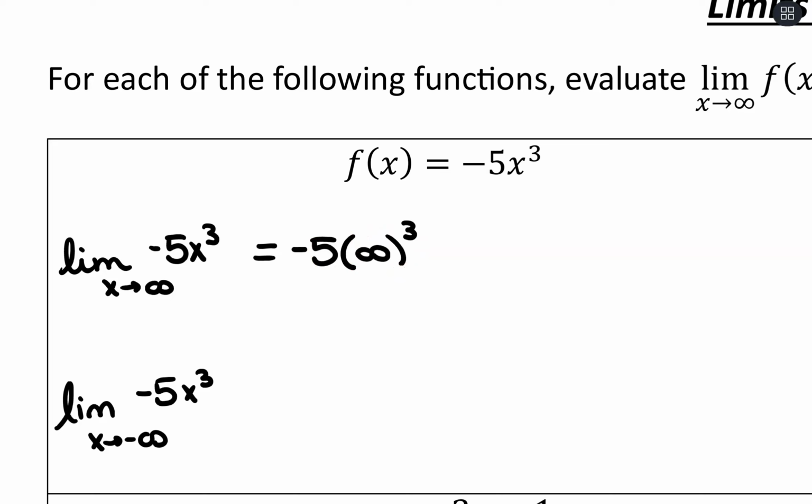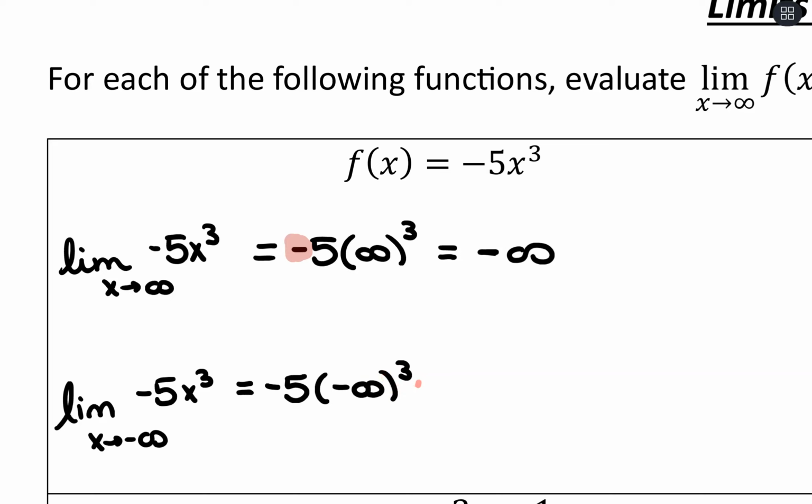Something I do care about is that negative out front, the fact that we have a negative value times infinity. So the 5 and 3 get absorbed by infinity, but the negative does not. So this would be negative infinity. If we do the same thing with negative 5 times negative infinity cubed, similar ideas, just now we're at a very negative number, and if we cube it, that gets even more negative.